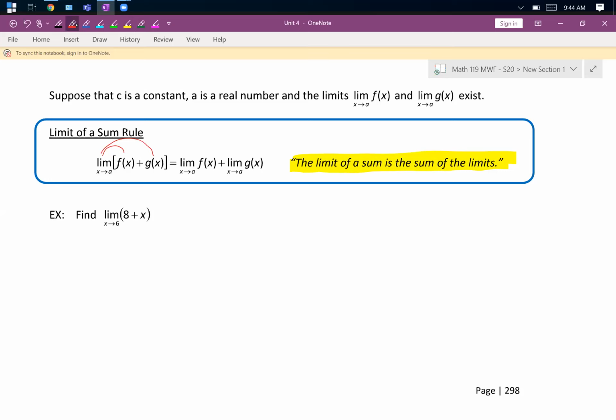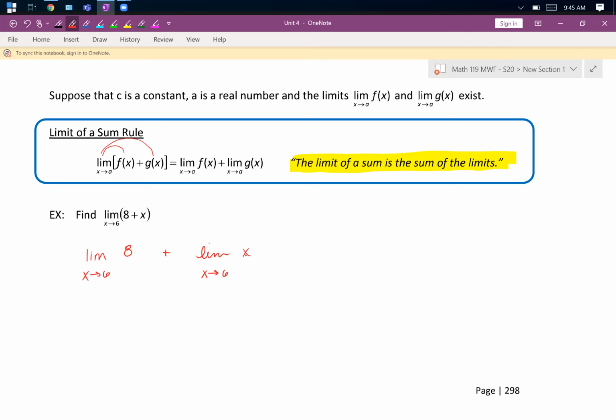We want to find the limit as x approaches 6 of 8 plus x. This becomes the limit as x approaches 6 of 8 plus the limit as x approaches 6 of x. We're going to find each one of those limits individually and then just add them together.